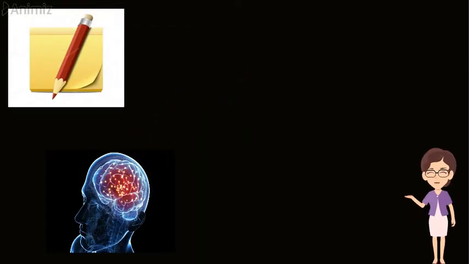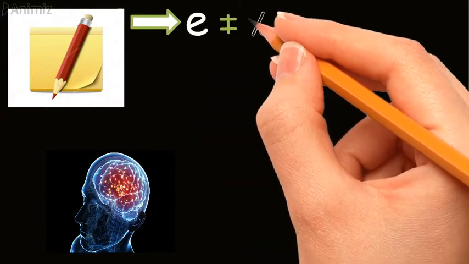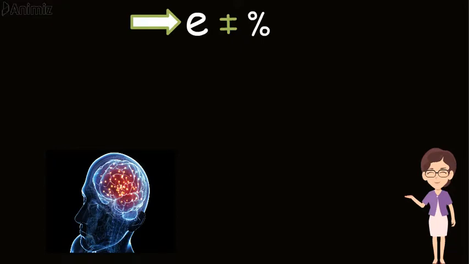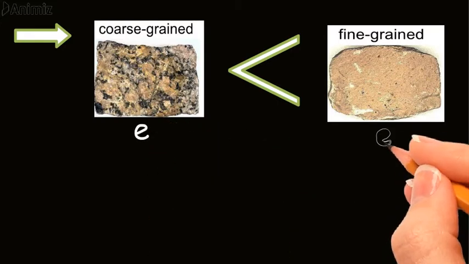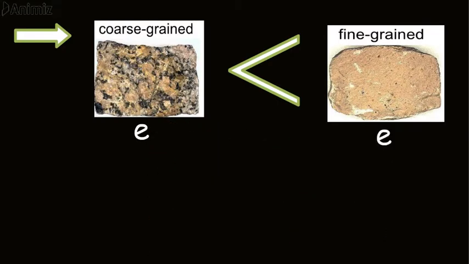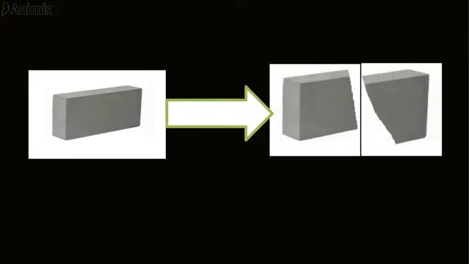So some of the points you have to keep in mind. The first point is the void ratio is never expressed in percentage. The void ratio for the coarse-grained soil is generally smaller than the fine-grained soil. But why is it so? Consider a block as a coarse-grained soil, and you cut it into two pieces and so many pieces.